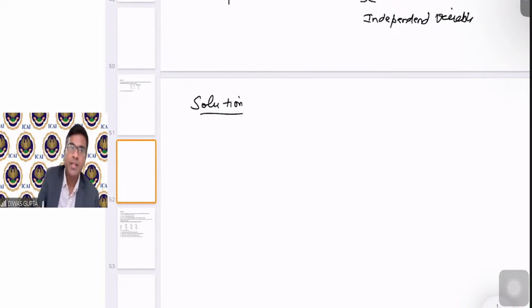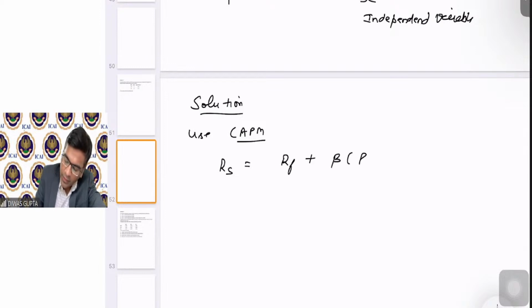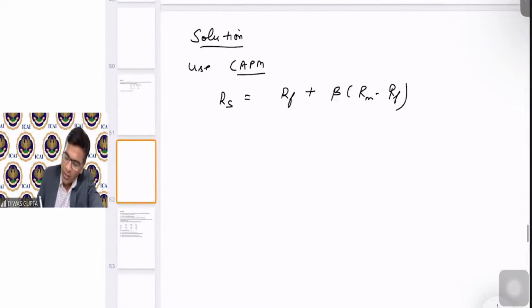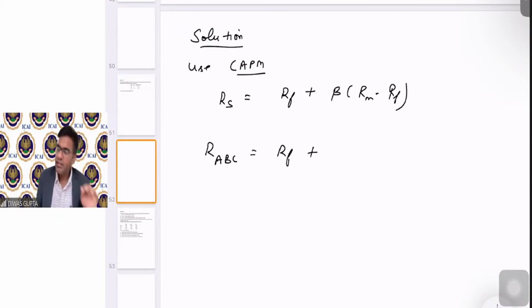Since the security market line assumptions are holding true, let's calculate using CAPM. We will use CAPM to say that the return of a security is equal to the risk-free rate of return plus beta times (RM minus RF). Correct? Now they have given us two shares. The return of ABC is how much? We can put whatever values have been given to us.